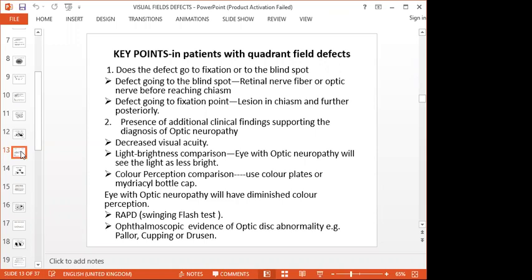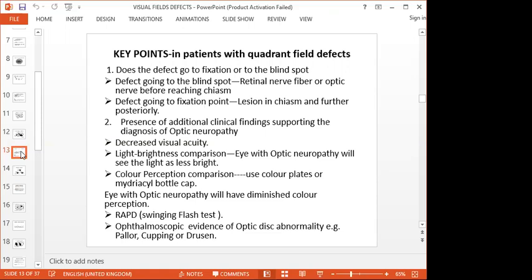Decreased visual field, decreased visual acuity. Light brightness comparison: an eye with optic neuropathy will see the light as less bright. If there is optic neuropathy, with the fibers of the optic nerve affected by some pathology, the eye may still be seeing, but it will see the light as less bright because the fibers are affected.